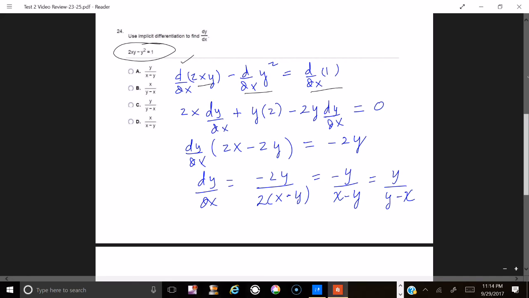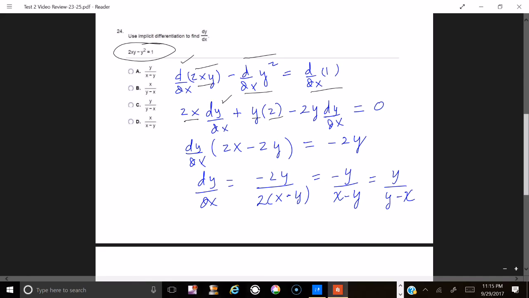d/dx of 2xy: since 2xy is a product, we need to use the product rule. So it's the first, which is 2x, times d/dx of the second, which is dy/dx, plus the second, which is y, times the derivative of the first, which is the derivative of 2x, which is 2.